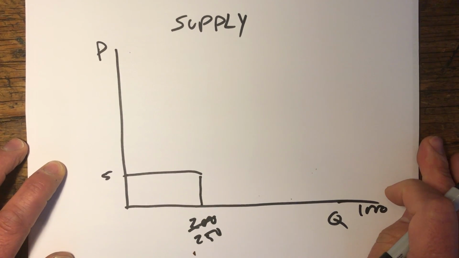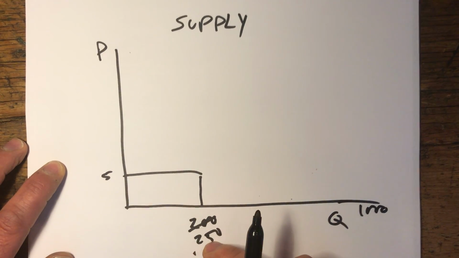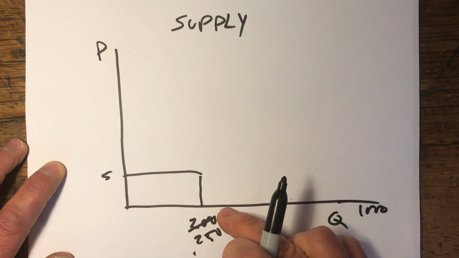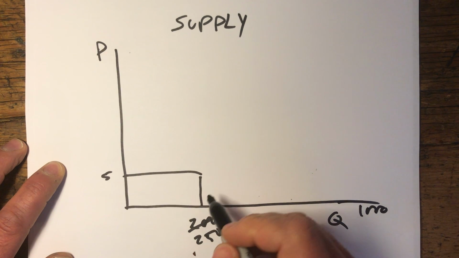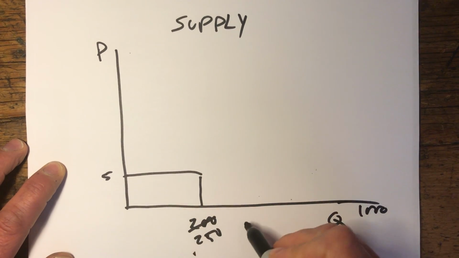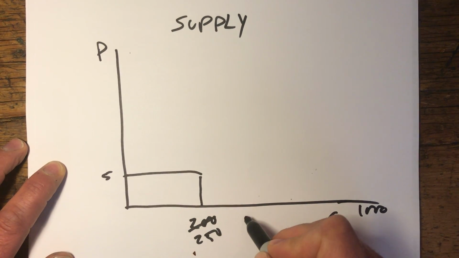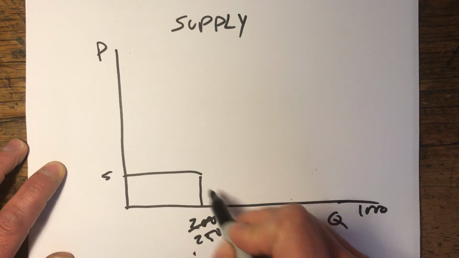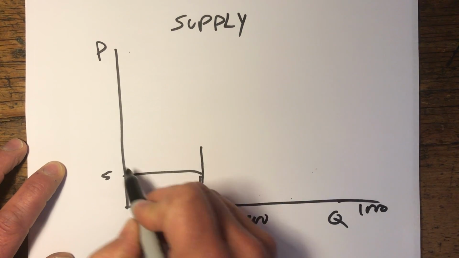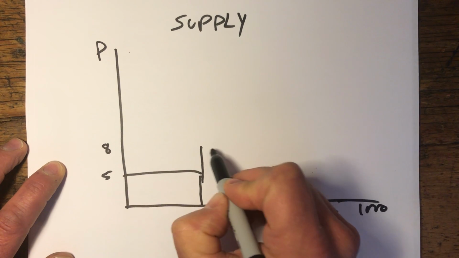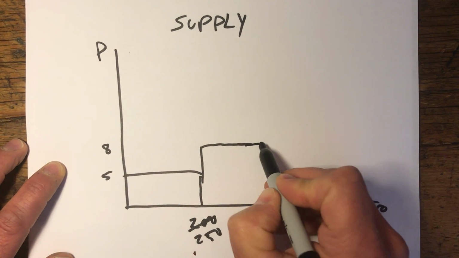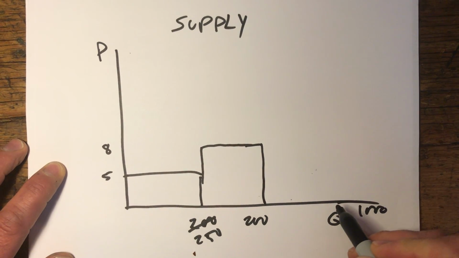The next producer says, well, we're not quite as big as these guys. We can't produce at quite such a low cost or quite the same quantity, but we can produce, let's say, another 200 at $8 a golf ball. And so there's their amount.